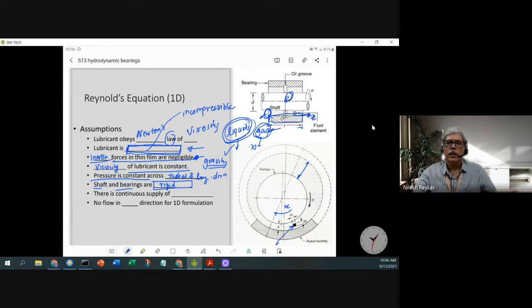Analytically also, for two circles which are eccentric to each other, the equation of gap versus theta can be determined. That assumes that both our circles remain circles. If one of them becomes deformed, then the wedge geometry will be different. So that effect is ignored. There is a continuous supply of lubricant, so this is easy to guess.